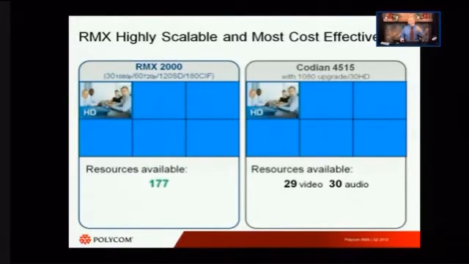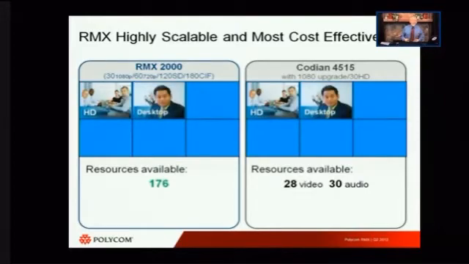So I'm going to bring in one HD call. That HD call is going to use 3 resources on the Polycom side, and it's going to use 1 port on the Kodian side. Okay. Now I'm going to bring up a desktop that uses SIF resolution, and so it's going to use 1 more resource. So now I have a total of 4. And on the Kodian side, I've used 1 more port.